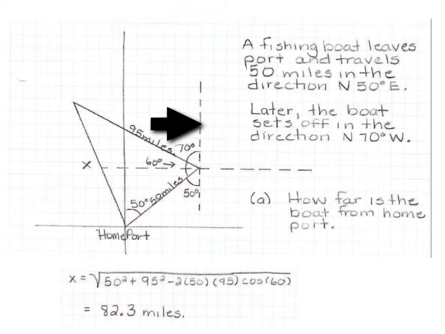So now I can use my law of cosines to determine how far the boat is from home port, because it's the distance from this point to home port, which is right here.